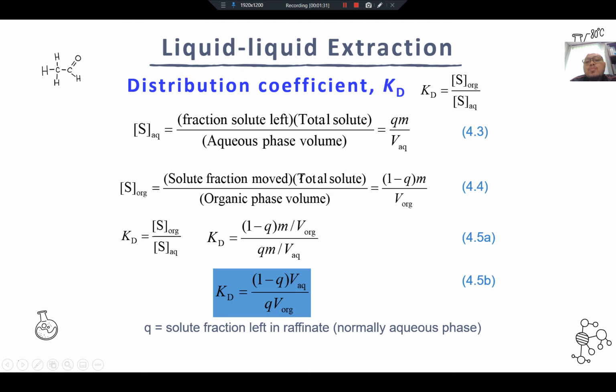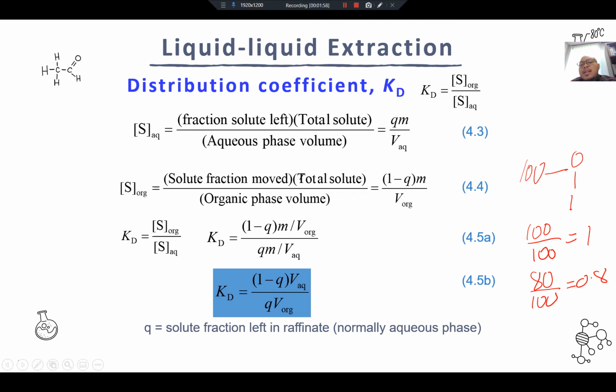What is the fraction? Fraction is the ratio out of 1. From 100%, we change it to a 0 to 1 ratio. If you have 100% over 100%, of course you get 1. Let's say it is only about 80%, so it will be 0.8. That's what it means by the fraction left.